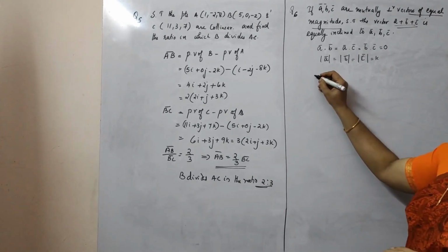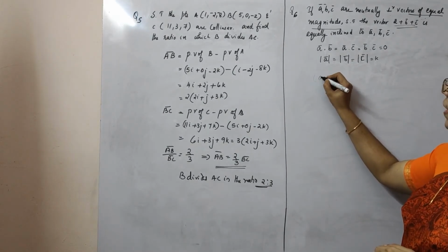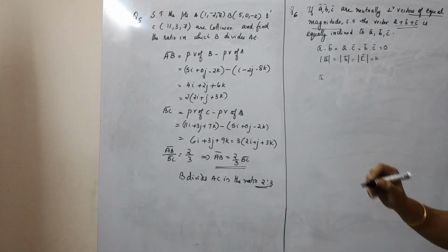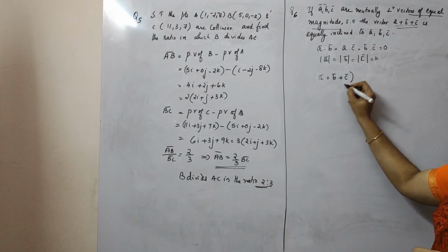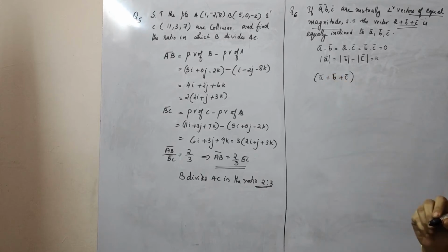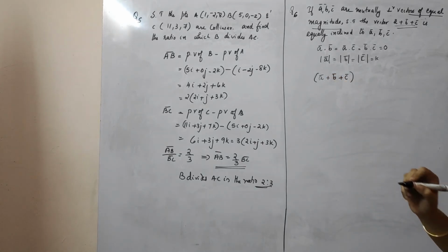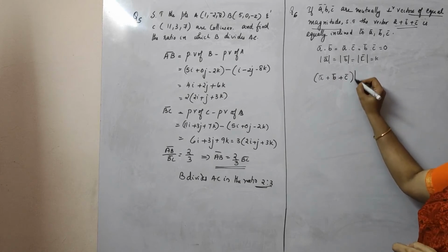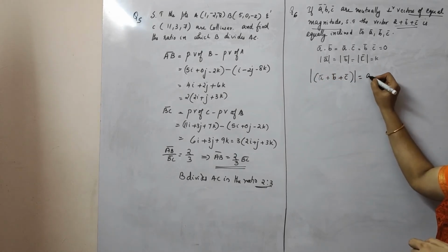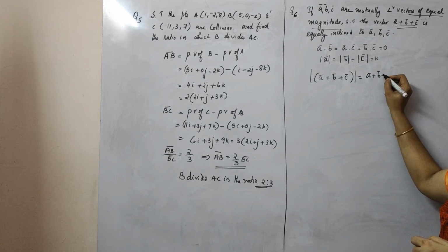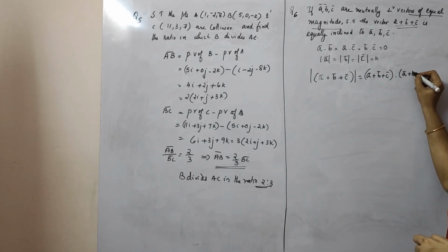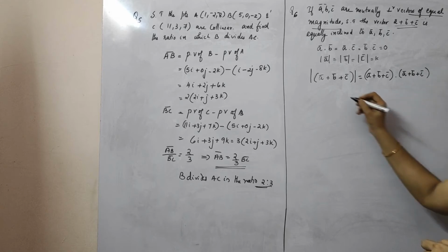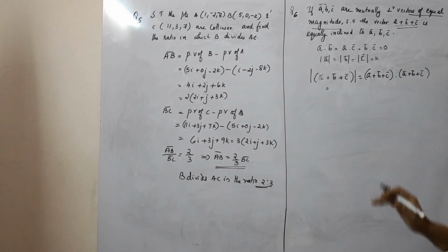Now for that I have vector A plus vector B plus vector C. What does the magnitude mean? It is again the dot product. So the magnitude squared of this is vector A plus vector B plus vector C dot vector A plus vector B plus vector C. Now I shall find the dot product.